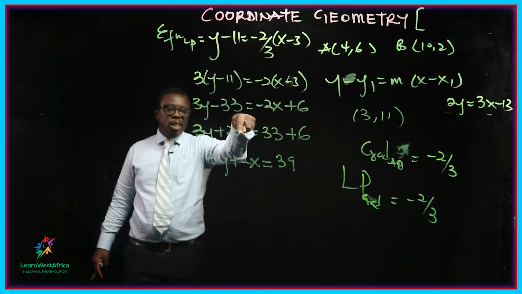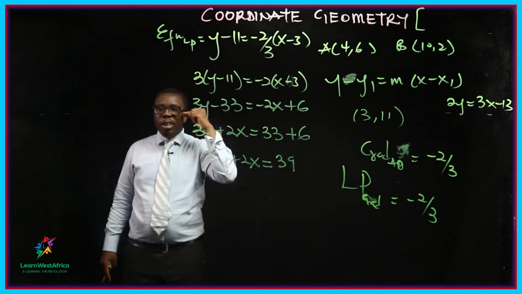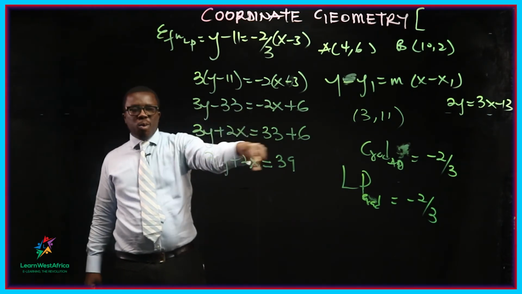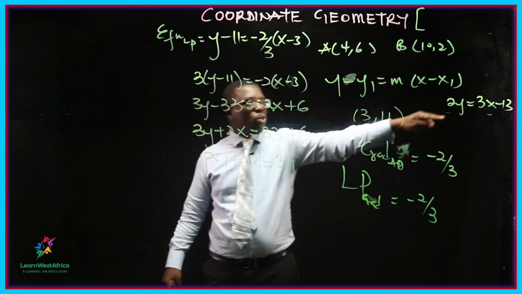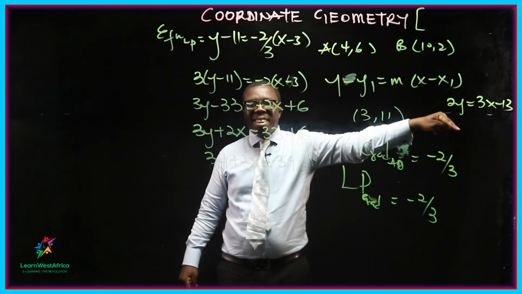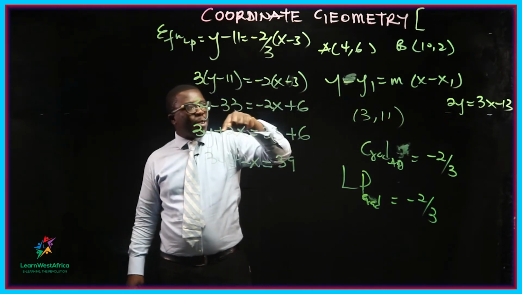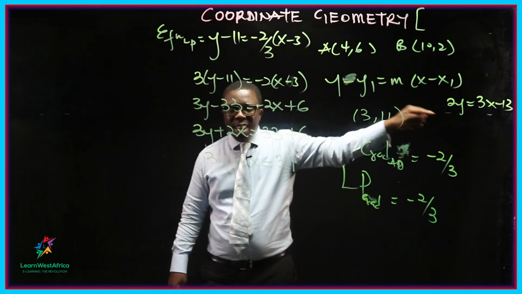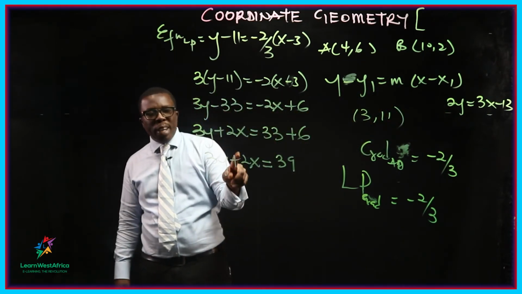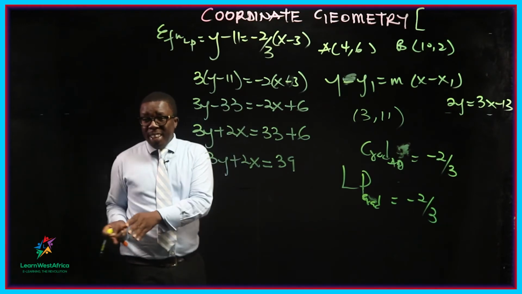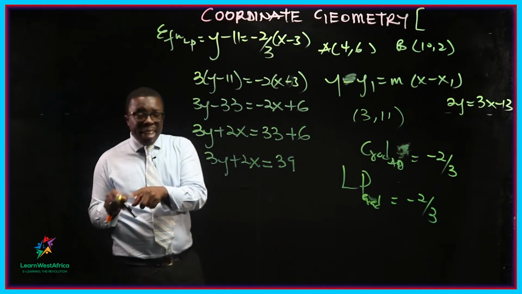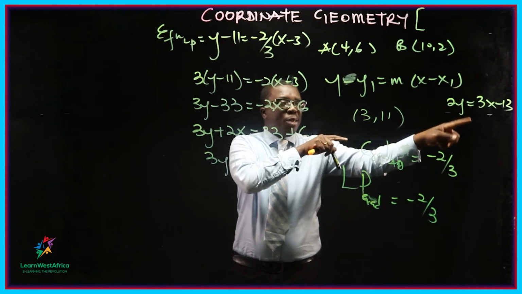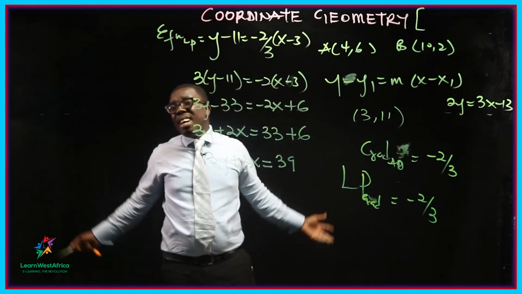And we are saying that C is also on this point. So the coordinate C falls on this line, this equation, and it falls on that equation too. Guys, you see, it falls on this equation and falls on that equation. It is on the equation 3y plus 2x equal to 39. That's the point C. And the same point C is also on the perpendicular 2y is equal to 3x minus 13.